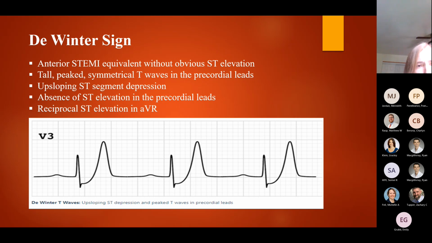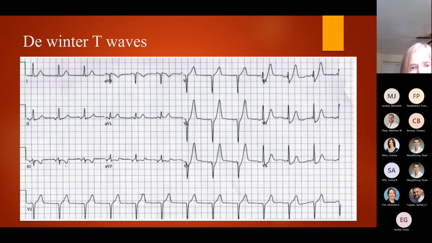You can see upsloping ST segment depression here, and you would have reciprocal ST elevation just in lead aVR. So you are not looking for elevations; just this picture would rule the patient in for STEMI. Again, you can see huge De Winter T waves here.